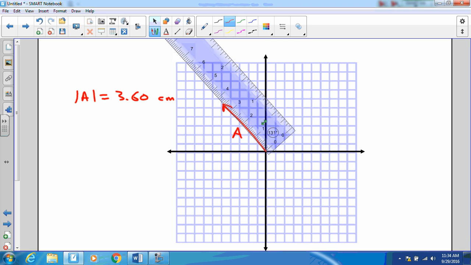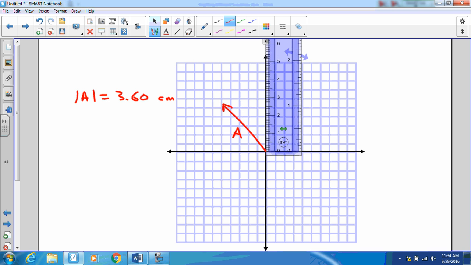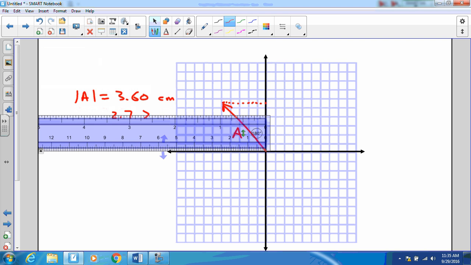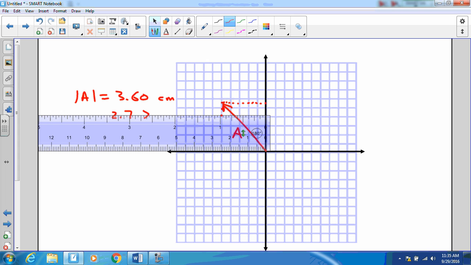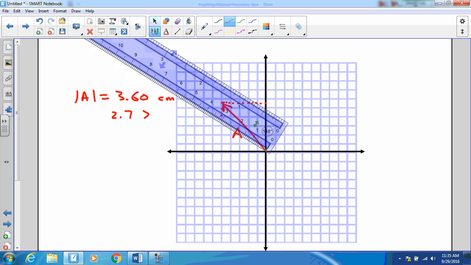We would get the same result if we could do perfect measurements and measure just the components. So my component of A in the y direction is 2.7, and my component of A in the x direction is going to be 2.5.